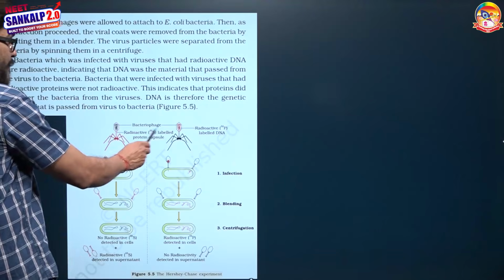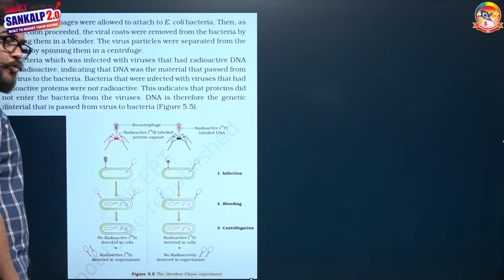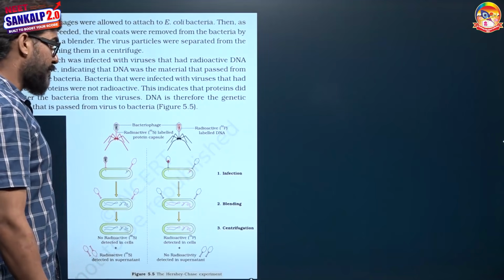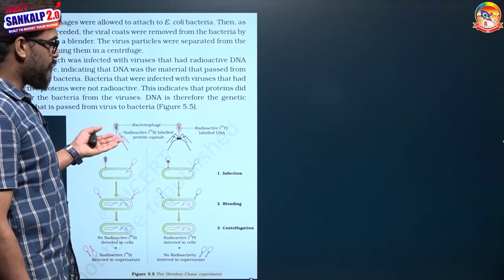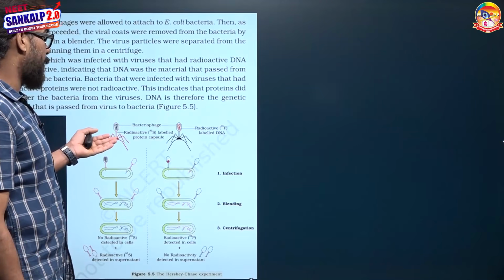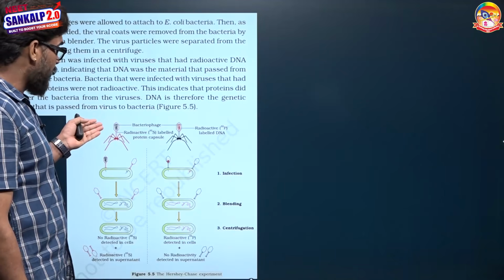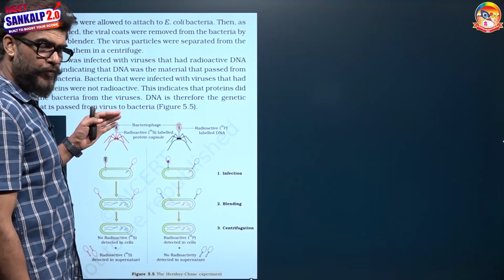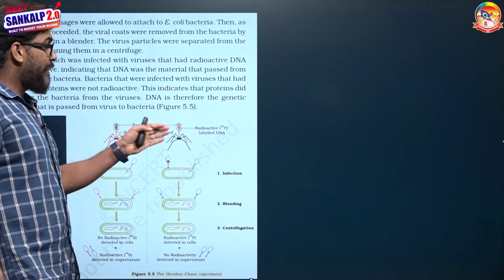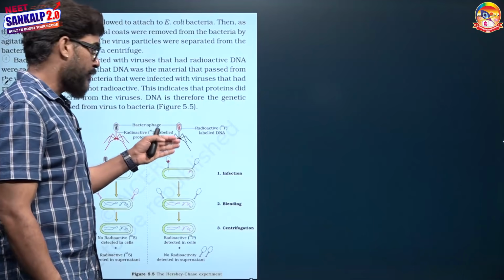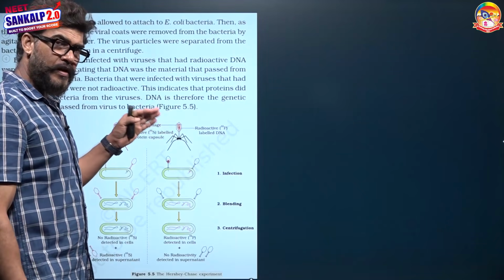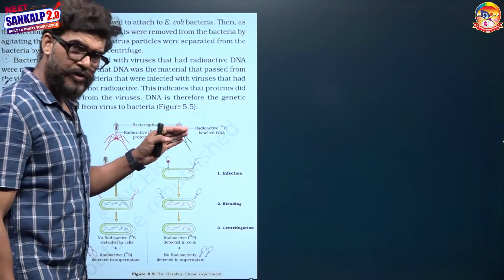So S35 and P32 were the two radioactive substances. Bacteriophages grown on radioactive S35 had radioactivity in the capsid but the genetic material was non-radioactive, while those grown on P32 had radioactive genetic material but the capsid was not radioactive.